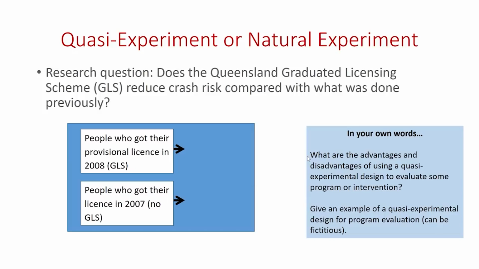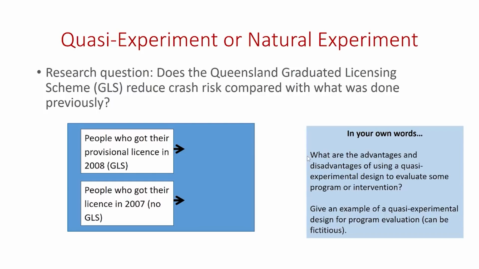What they did here is they looked at all the data from when the scheme was introduced in 2008, and they looked at the data from all the people who got their provisional license and followed up the number of reported crashes that they had over a number of years. And then for their control group, they looked at people who got their driving license the years before this graduated licensing scheme was brought in.